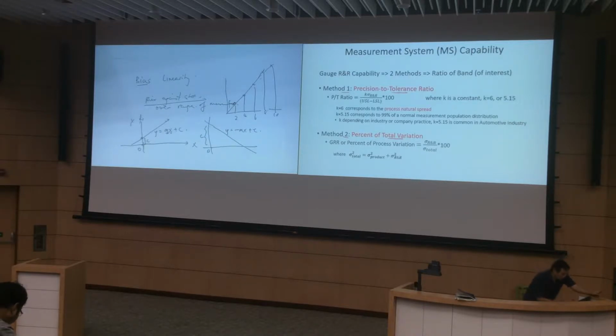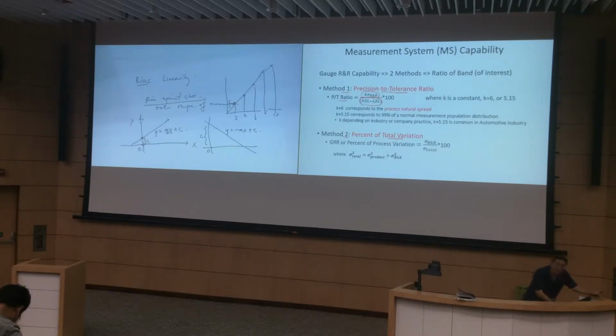So in this case, the general one is called precision to tolerance, the P/T ratio. The equation is K times sigma R and R. What is R and R? Repeatability and reproducibility, right? The standard deviation due to that, divided by the tolerance.